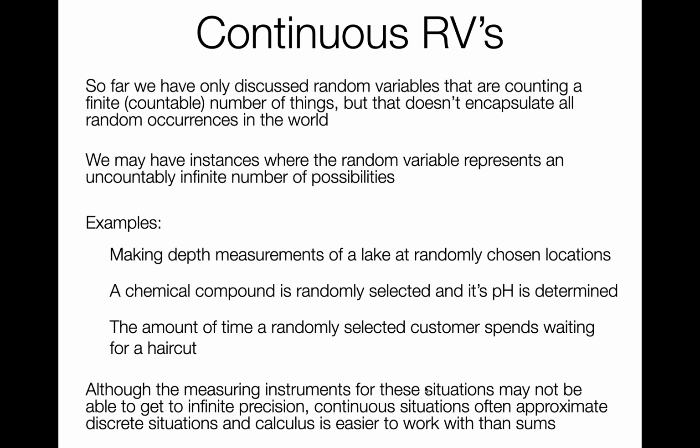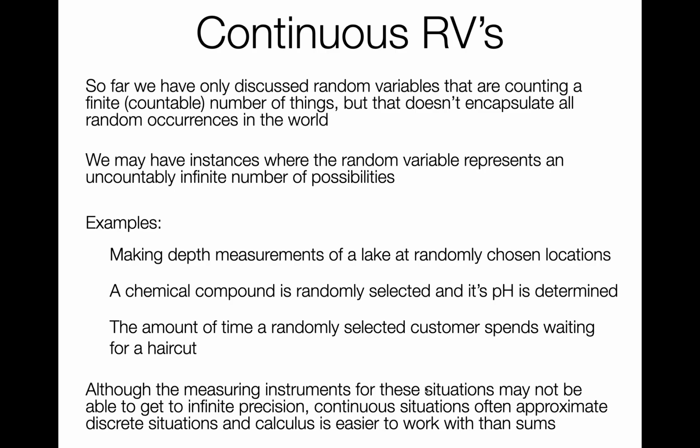So what are we talking about when we are discussing continuous random variables? The random variable has a theoretically uncountably infinite number of possibilities. But what are we doing really in these three examples? We're just counting.